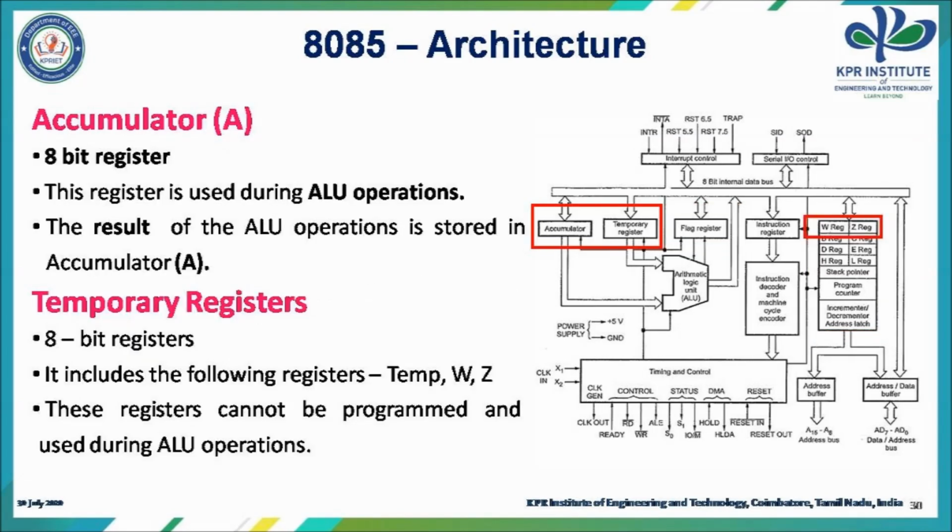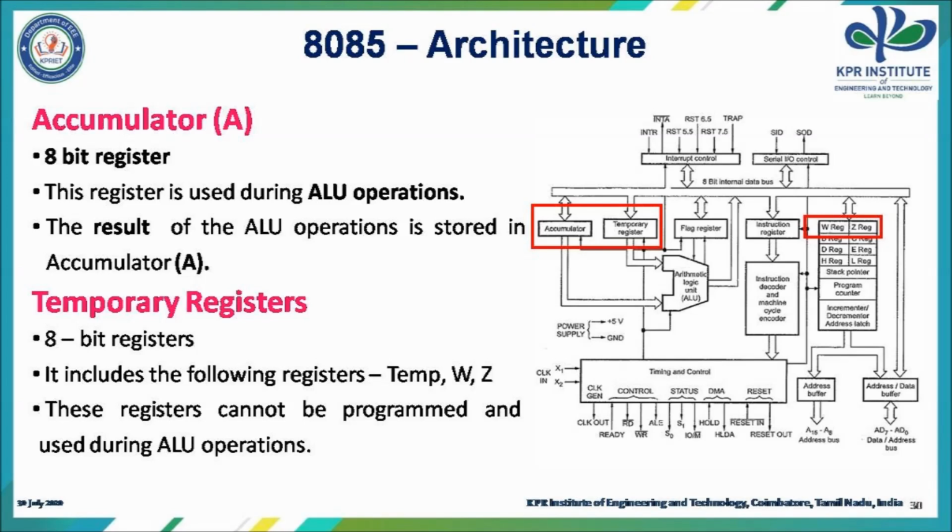An accumulator is also called A register. This accumulator is an 8-bit register and it is used during all ALU operations. So during ALU operation, one data is kept in the accumulator and the result of the ALU operation is also again stored in the accumulator only.